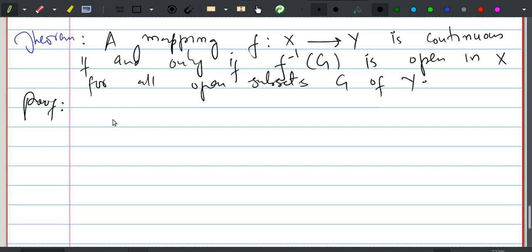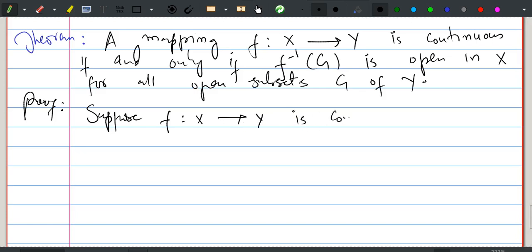We first assume that f is continuous. Suppose f from X to Y is continuous. Let us consider an open set. Let G subset of Y be open.